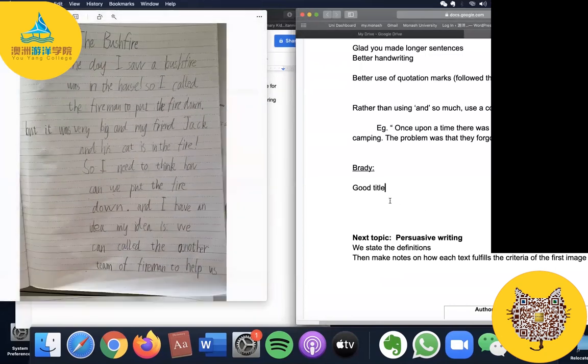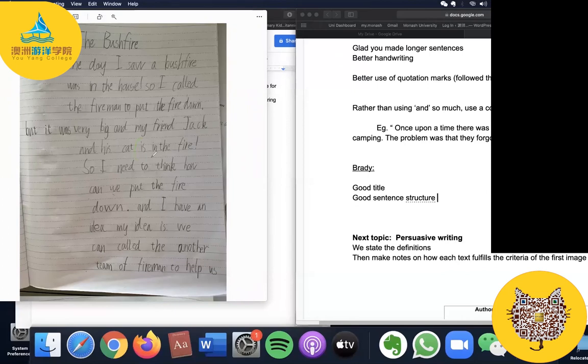So as for sentence structure, now we've got some grammar to fix. Let's do this, annotate. Okay, Brady, I would like you to put the fire down, but it's very big, my friend Jack. Okay.